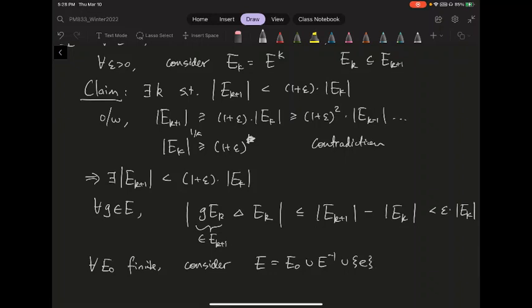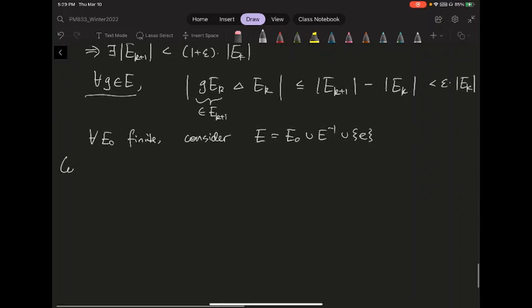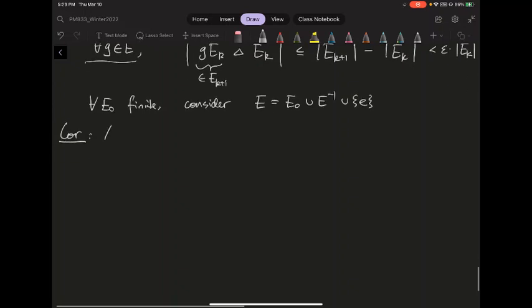Because this works for all g inside E, it is certainly satisfied for all g inside E_0. So all of these fullness conditions will be satisfied. This proves that G satisfies the Foelner condition, so G must be amenable. And as an immediate corollary, this is probably the easiest way to show that abelian groups are amenable. So corollary: abelian groups are amenable.